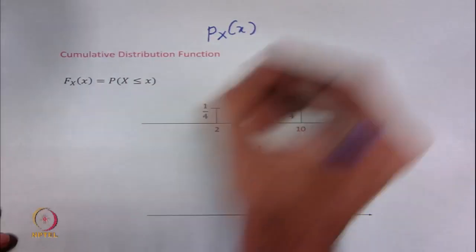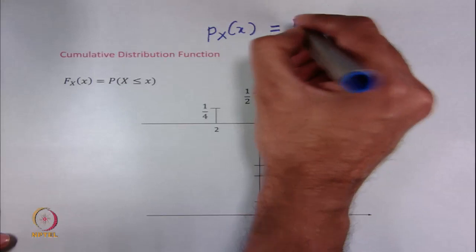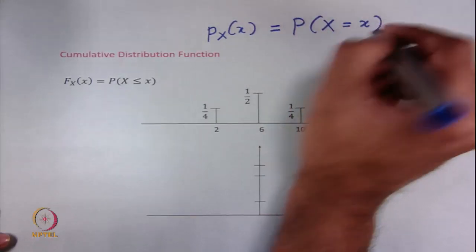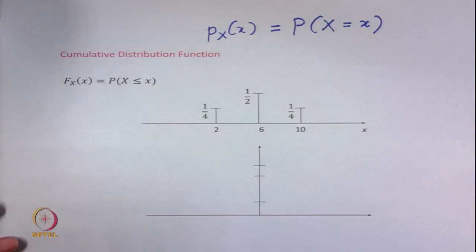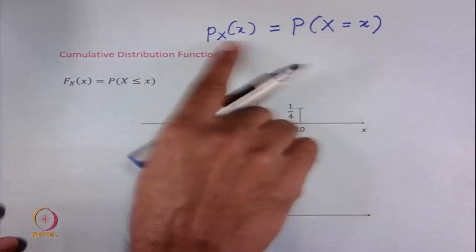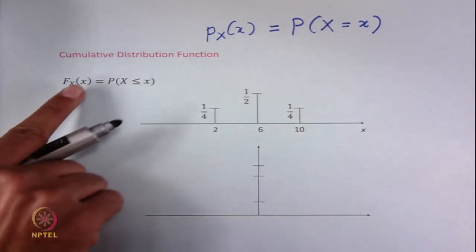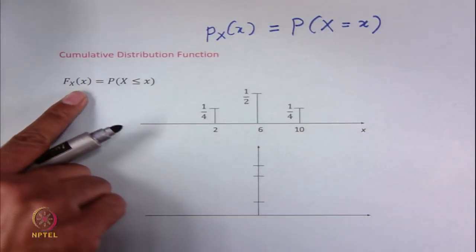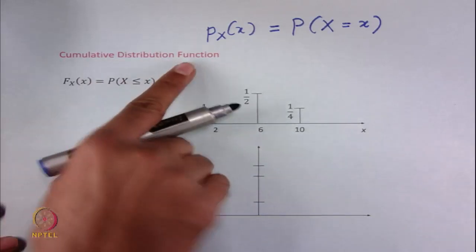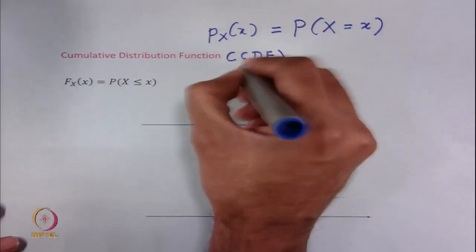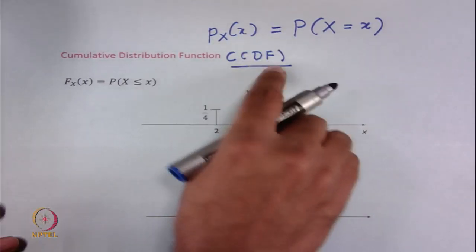Probability mass function was, what is the probability that random variable x takes in a value small x. Now, we are talking about a second function, a different function. This is known as cumulative distribution function. In short, this is also known as CDF.